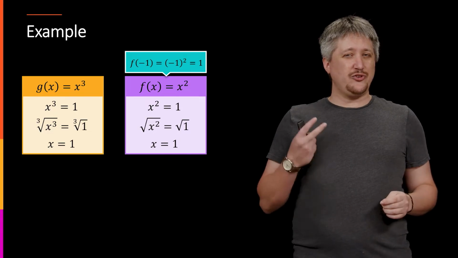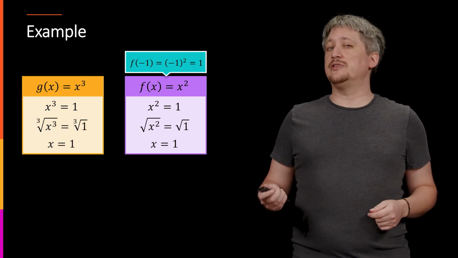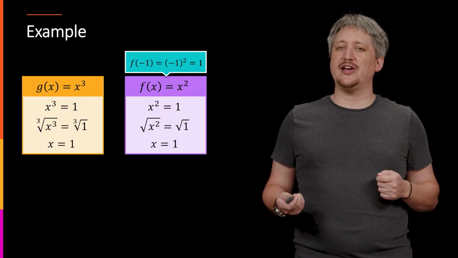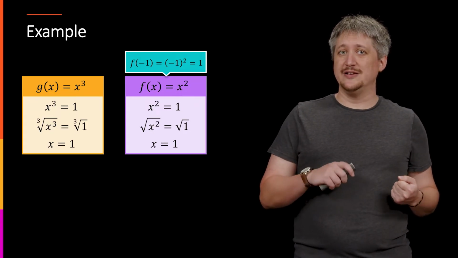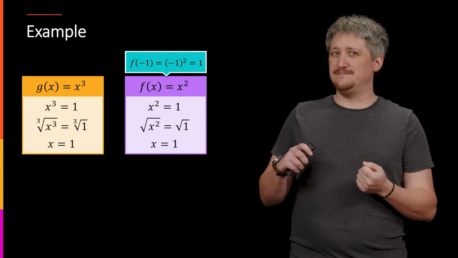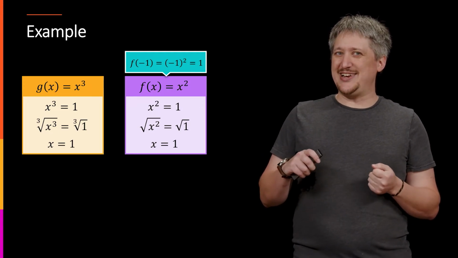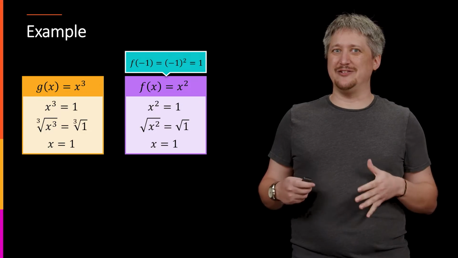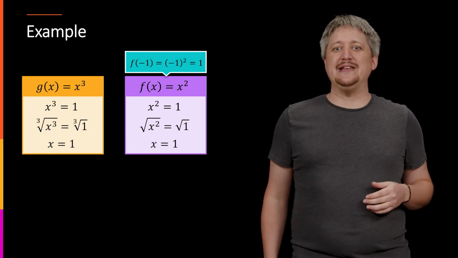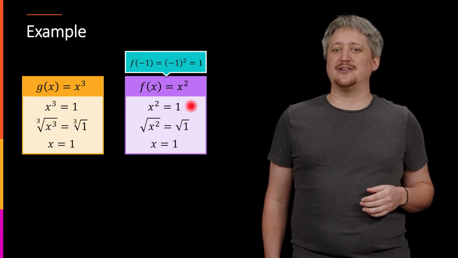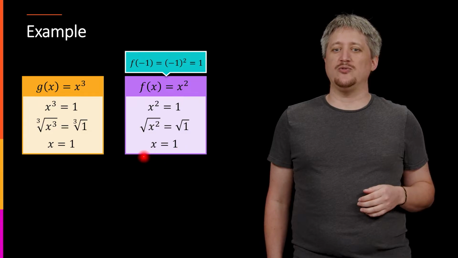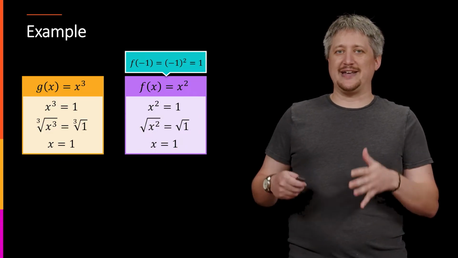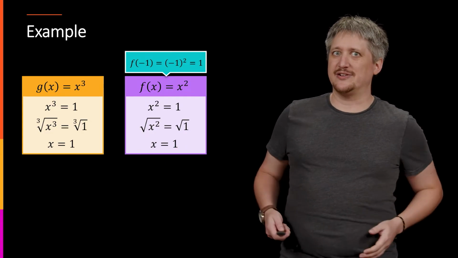So really there are two answers here, but my square root only gives me one answer, because square roots have to be a function, so the square root itself only gives the positive. There's something shady going on here, that I only got one of the two answers. And that's because what we did on the right is actually not correct. That's what we're trying to tackle: why is this wrong? Why am I getting x equals 1? And how do I account for the fact that -1 is also an answer?